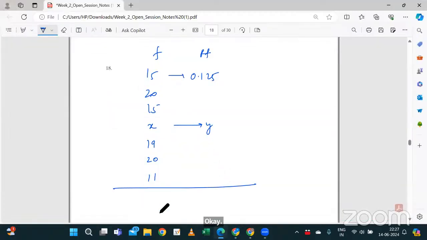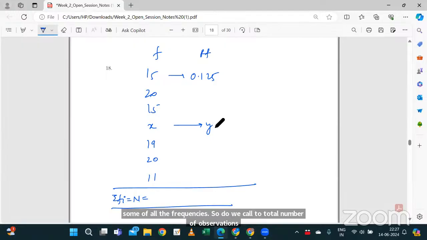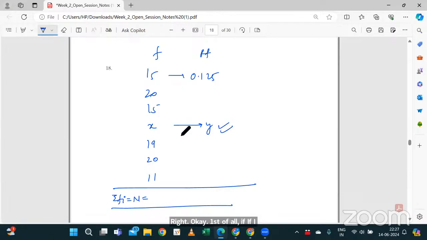We know the sum of all the frequencies should be equal to the total number of observations, right? First of all, if I ask for example what is the value of Y, to know the value of Y, I should know the value of X. To know the value of X, I should know the value of total. How can I calculate the total?